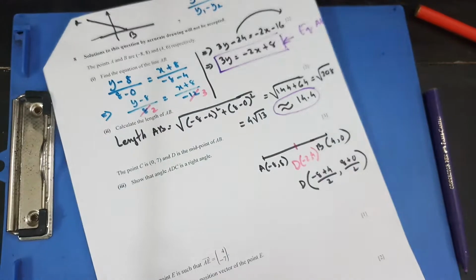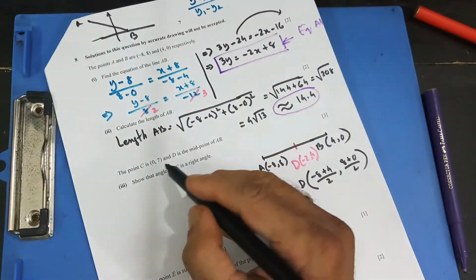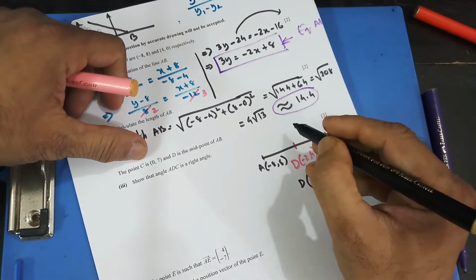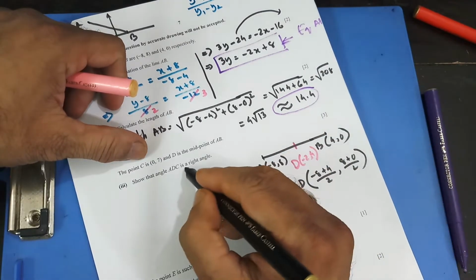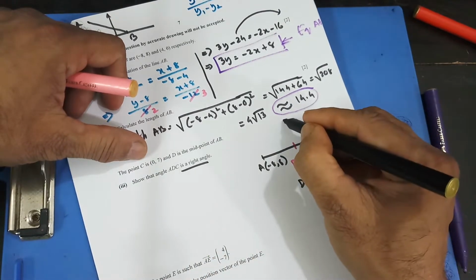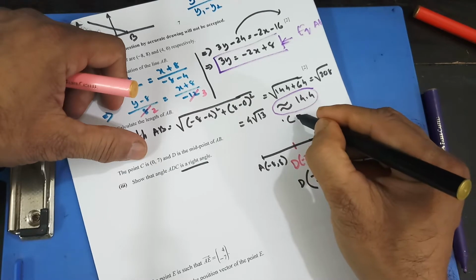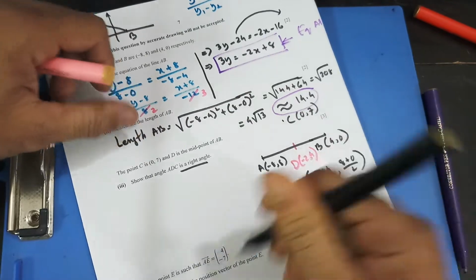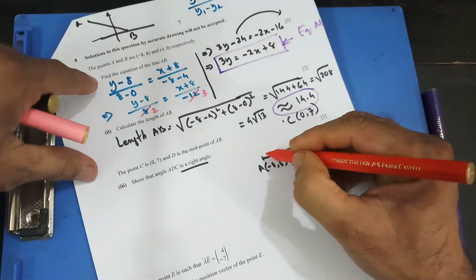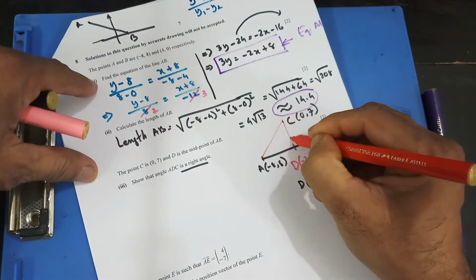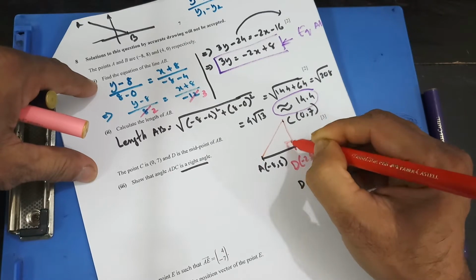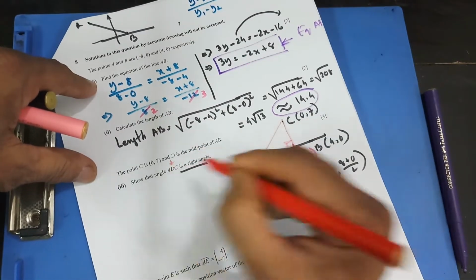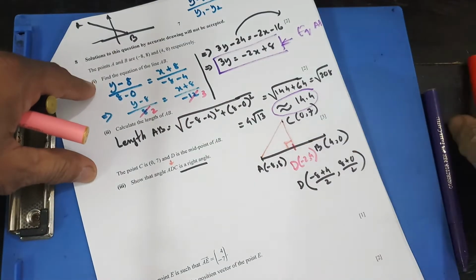That's my D. And C is (0, 7), somewhere. I don't know where, but it says ADC is a right angle. I have to show that. For the time being, I'm guessing that it's over here. C is (0, 7). Now the question is saying that we have to show that this is a right angle triangle, and the middle letter, here is my 90 degrees.